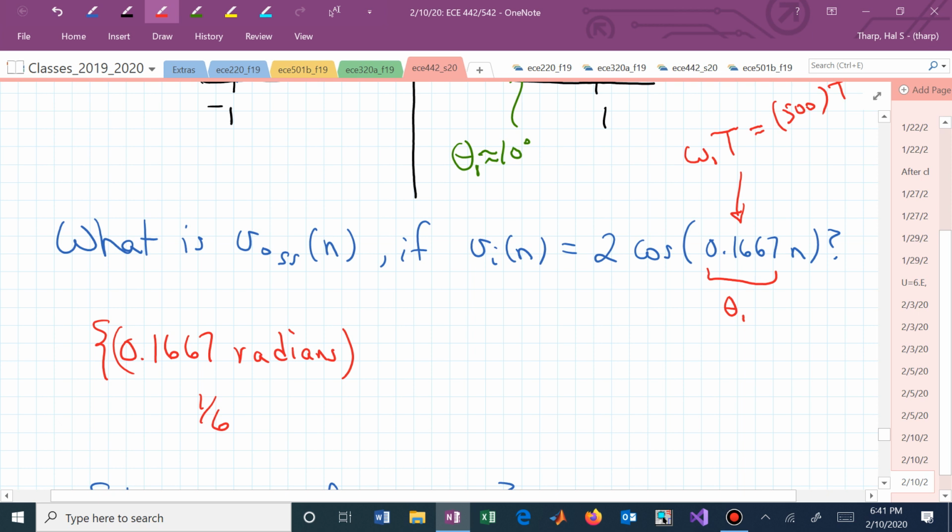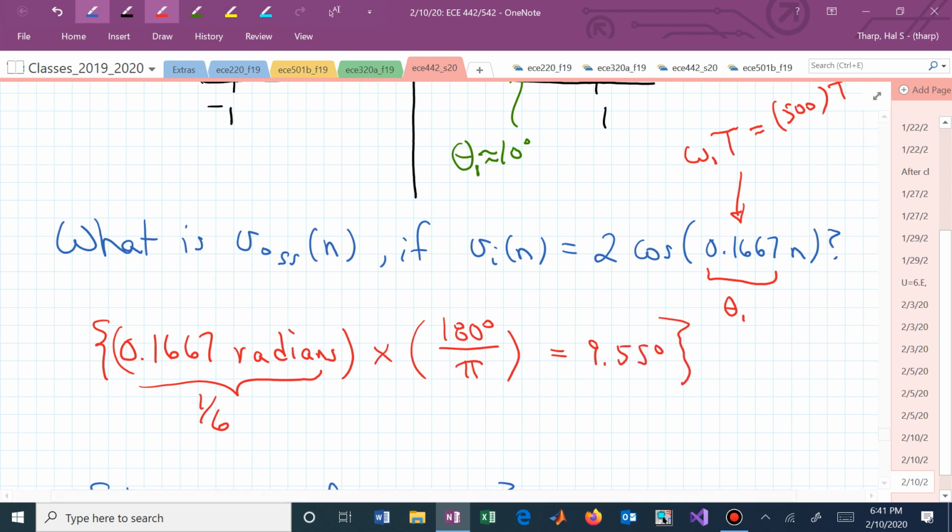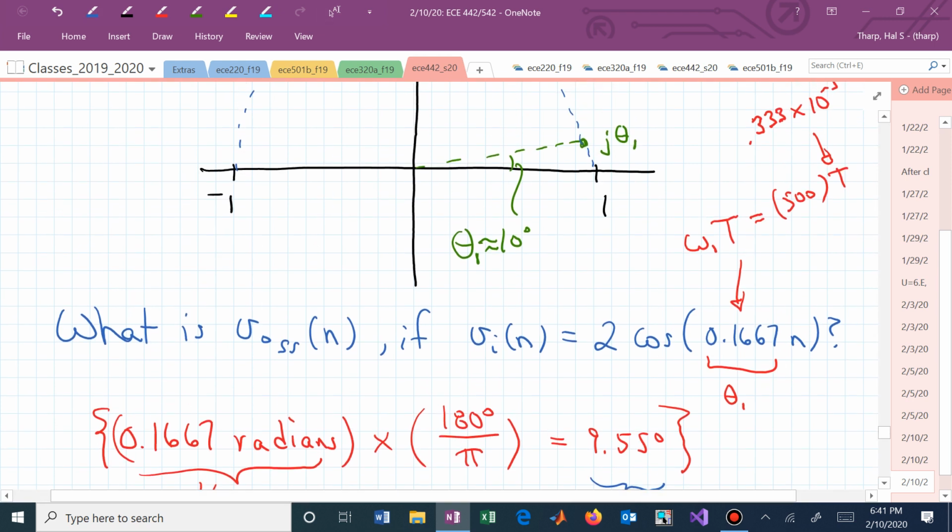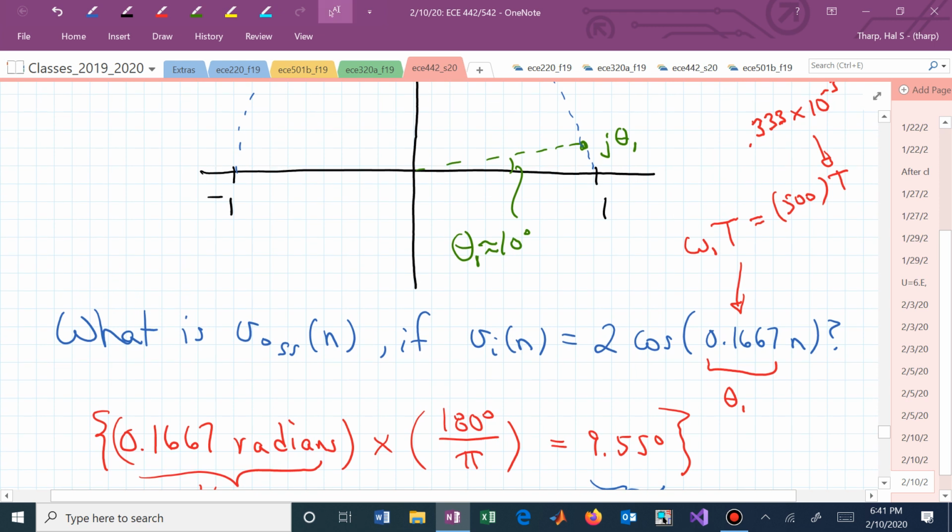That's 1/6. If we wanted to think about how big that angle is, we could convert it to degrees. We're looking roughly at 10 degrees. So there is our 10 degrees for theta 1.